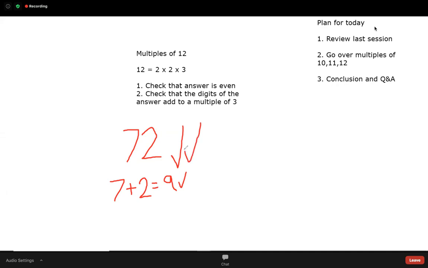And if it passes both of the checks, then it will be a multiple of 12. So in this case, this would definitely be a multiple of 12. Or could be. Once again, these checks aren't definitive. They're not going to make sure that you have the right answer. It'll just make sure you have a good answer. So that's an answer that's more likely to be right. And just prevents you from making silly mistakes along the way.